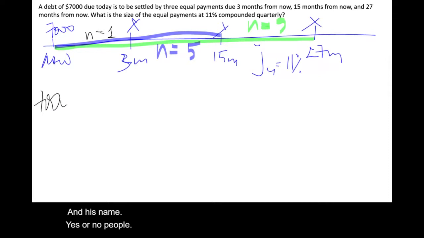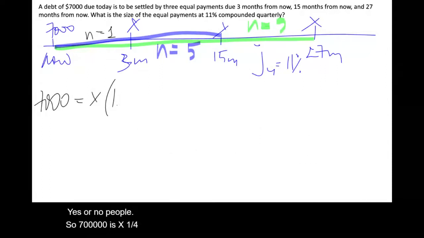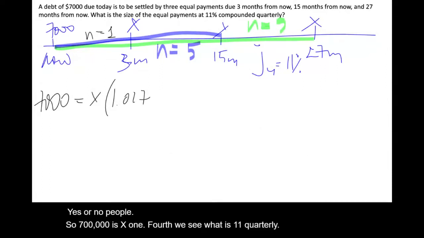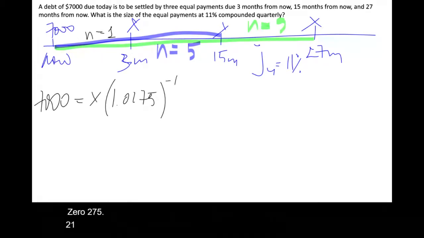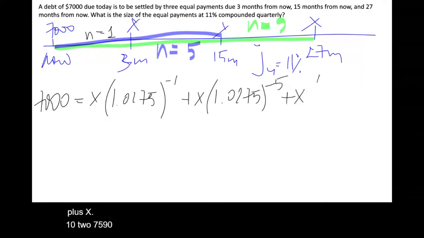So 7,000 is X. 1 point, you see what is 11 quarterly? 0.0275, -1, plus X. 1.0275 to the -5, plus X. 1.0275 to the -9.